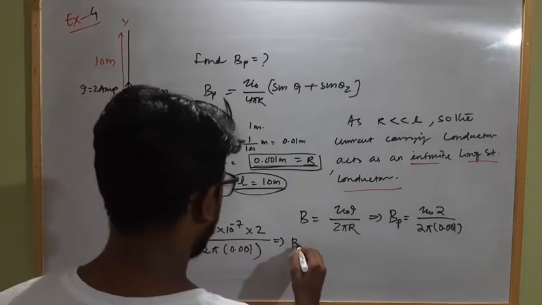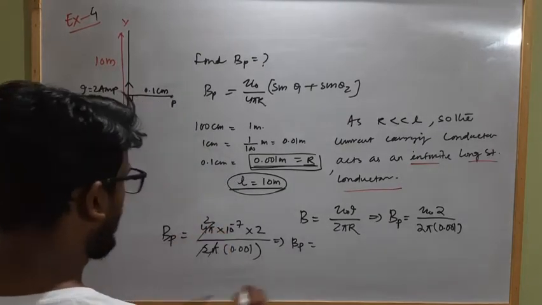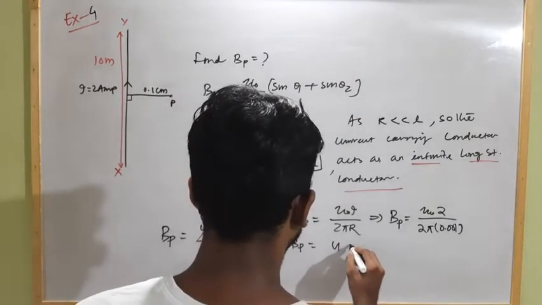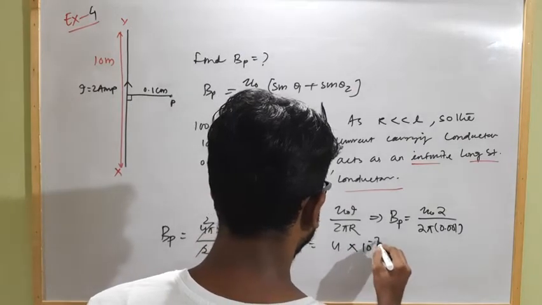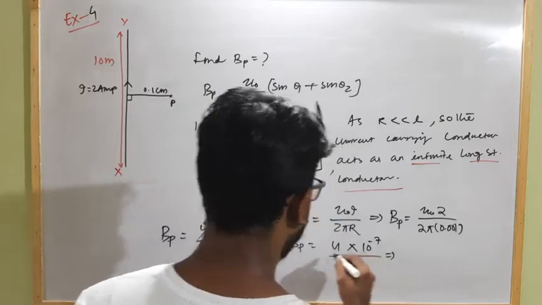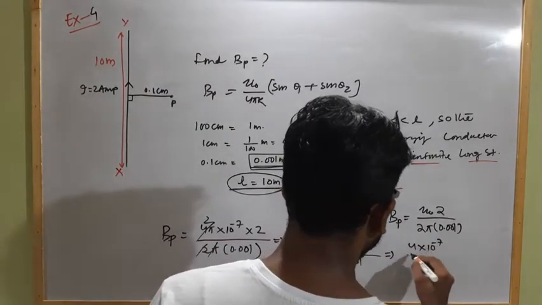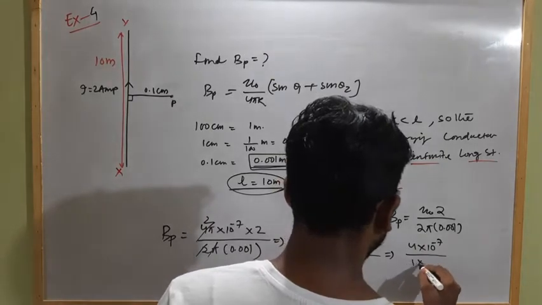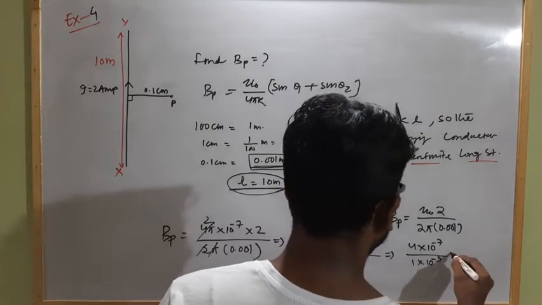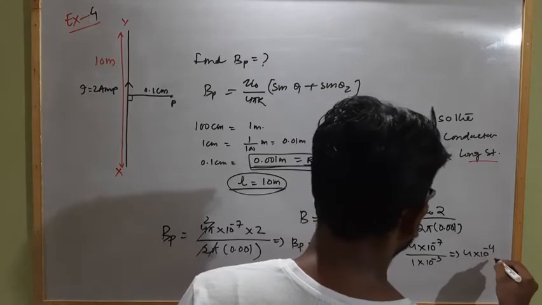This implies the magnetic field strength at P will be 4 into 10 to the minus 7 divided by 0.001, or it can be written as 4 into 10 to the minus 7 divided by 1 into 10 to the minus 3. This can be 4 into 10 to the minus 4 Tesla.